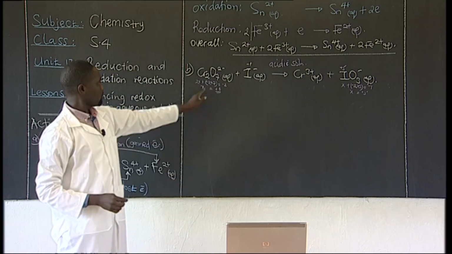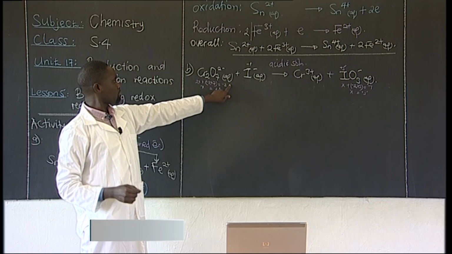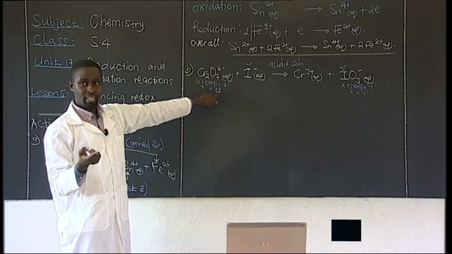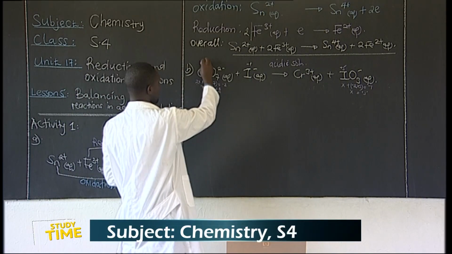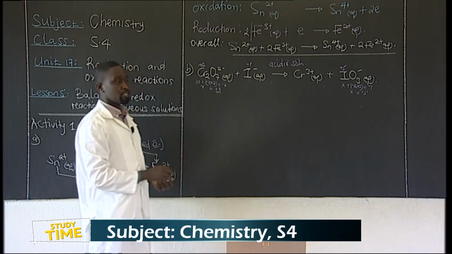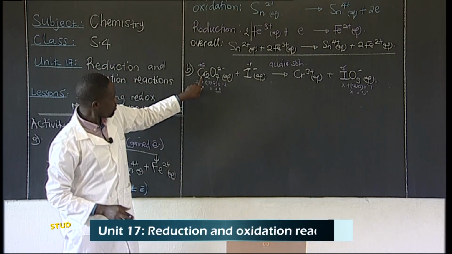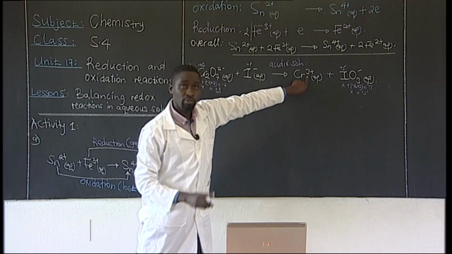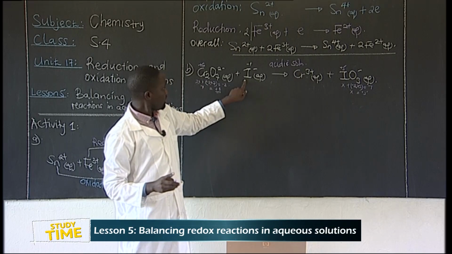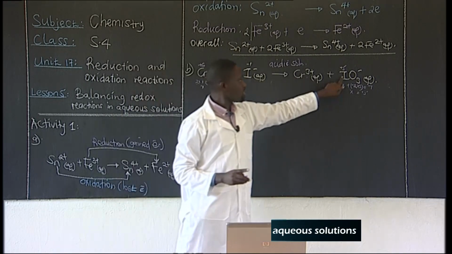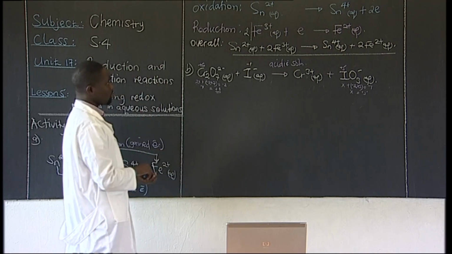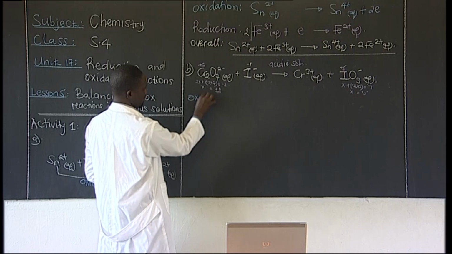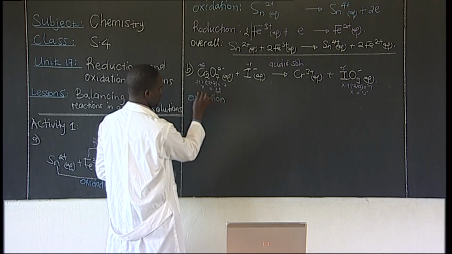A quick calculation: this is 14, take it here, becomes +12 divided by 2, giving you +6. So you notice now chromium changed from +6 to +3. Iodine changed from -1 to +5. So we can tell which species is undergoing oxidation.